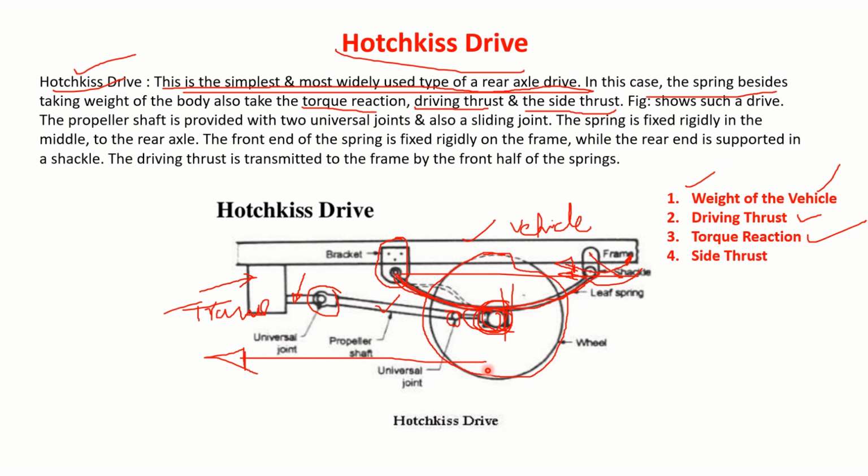You have understood the torque reaction, correct? This is the one. Whether the vehicle is accelerating or braking, based on that it will take the torque reaction, it will take the driving thrust. So you are going to have a traction force. Opposite to the traction force, you will have the driving thrust and the side thrust, which I explained.